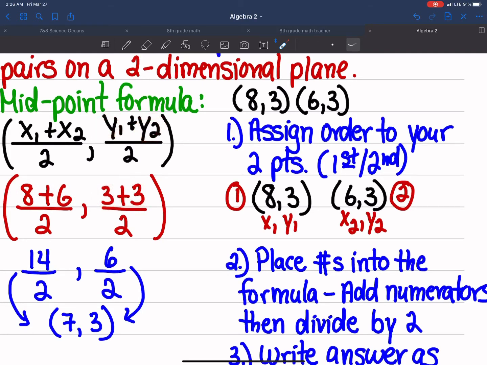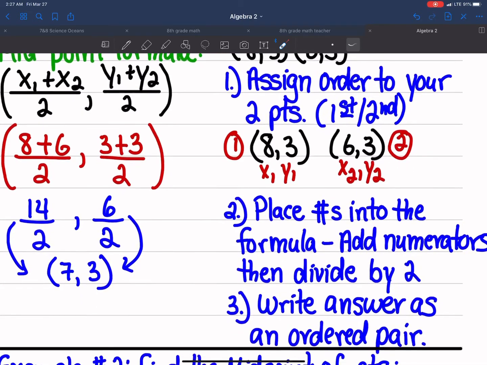That's going to be easy. So I'm going to add the numerators. That will be 8 plus 6 is 14. And then I'm going to put that over 2. 3 plus 3 is going to be 6. Put that over 2. And my midpoint, the midpoint between (8, 3) and (6, 3) is, voila, (7, 3). All right, good. Easy enough, right?